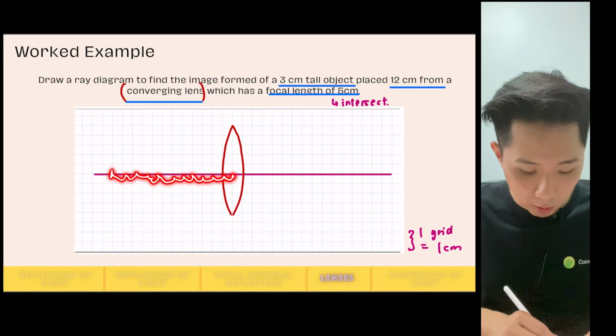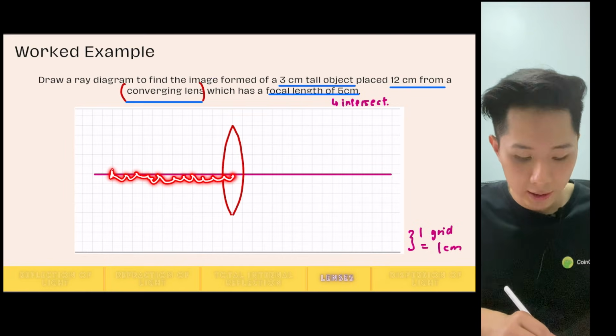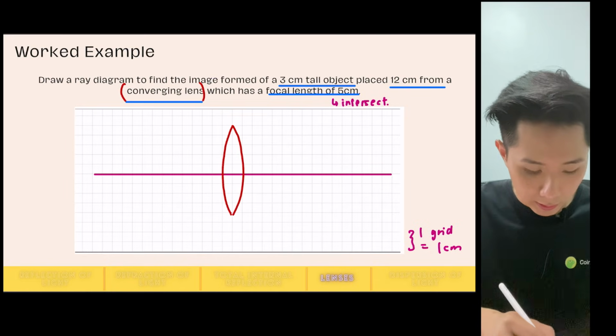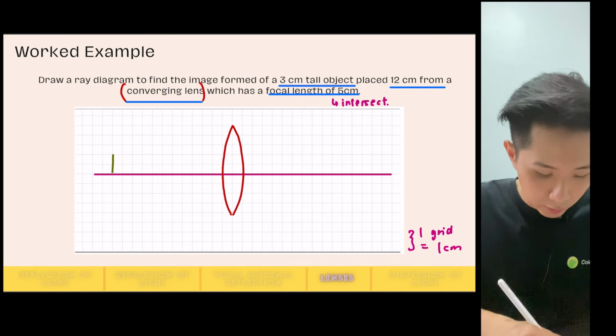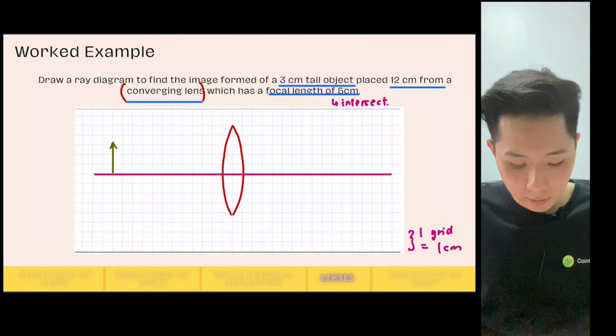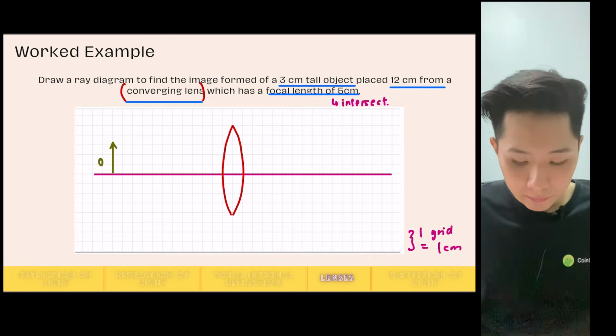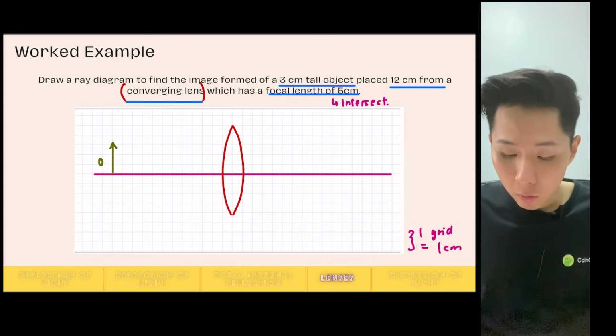So this is the point where I should place my object, and the object is 3 cm tall, so I'm just going to draw a 3 cm object here. Notice I only take up 3 grid squares, and I draw an arrow to represent it. So that's the object.